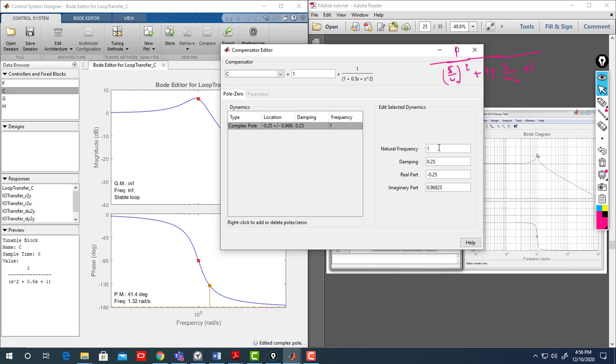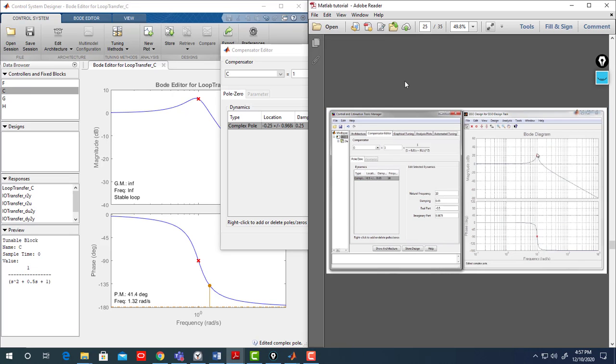Natural frequency of 1, and this is my damping ratio, real part and imaginary part. So now look at it, it is at 1. You can put it at 30 and so on, so play with this. Let's see what's next in the demo.